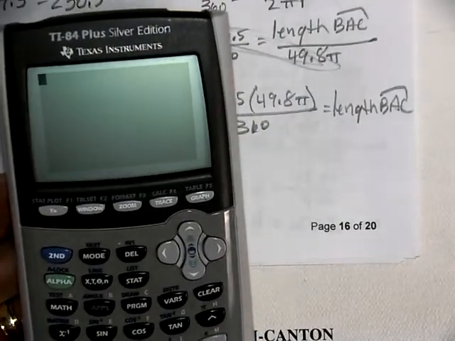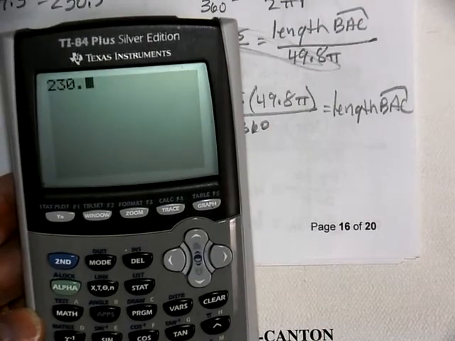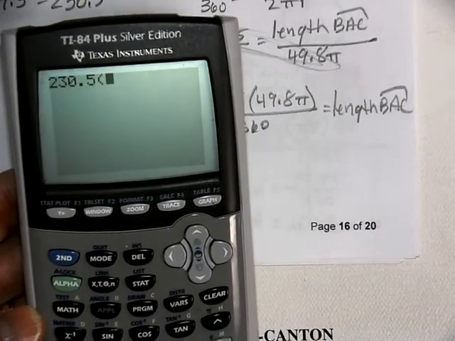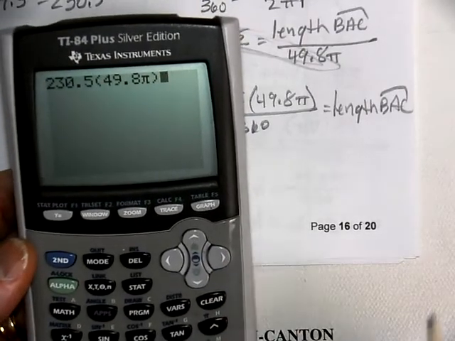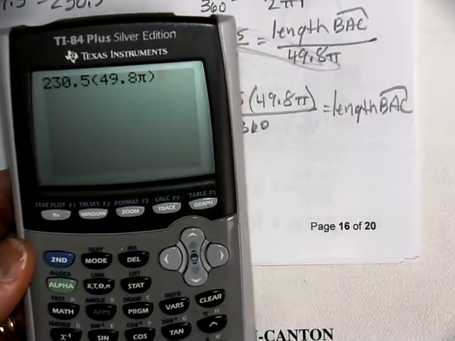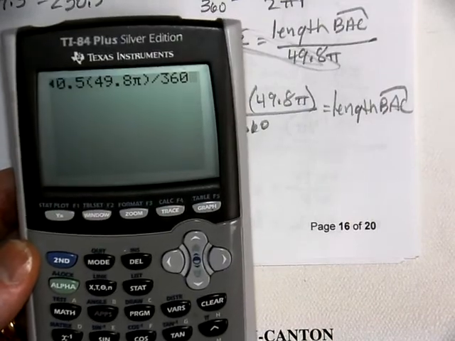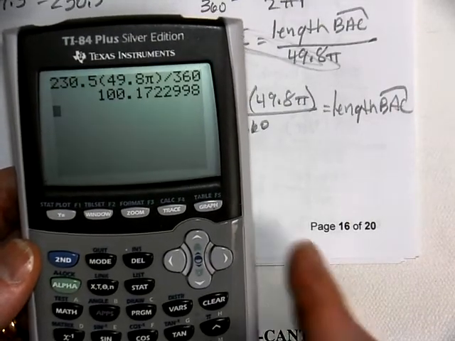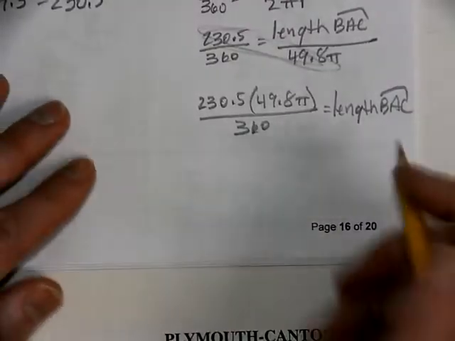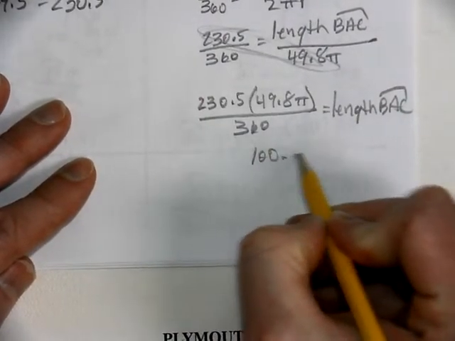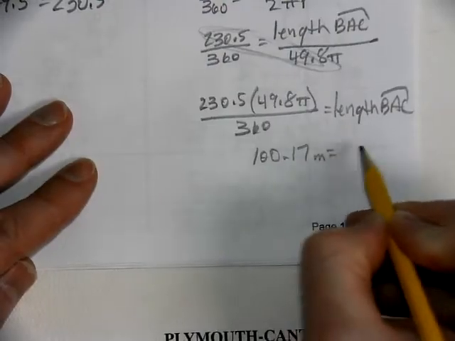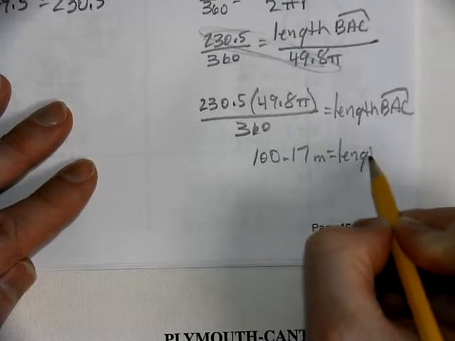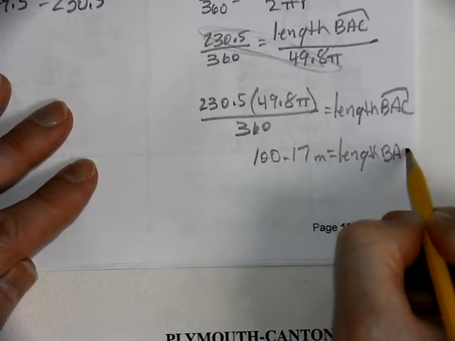The numbers are a little big, so a calculator is very helpful. If you don't have a calculator when you do your assignment, you can at least set it up the way we have. And we'll divide this by 360 to do it all in one step, and we get 100.17. These would be meters, and that's the length of BAC.